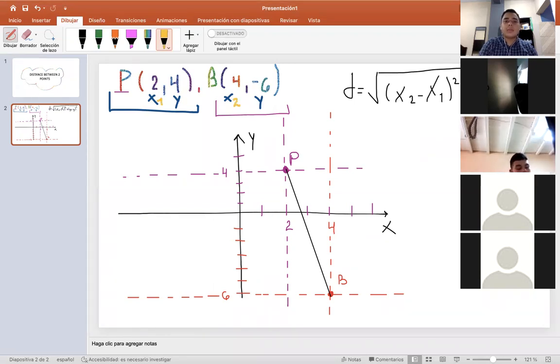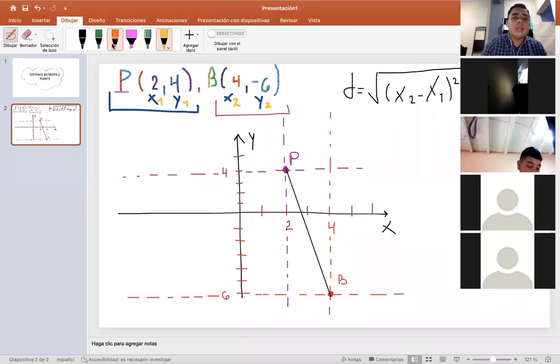And here we're going to have y1 and y2. So the ones are always going to be the first point that they give you, okay? If I give you in the beginning point B and then point P, then the ones are going to be the numbers in point B, okay?